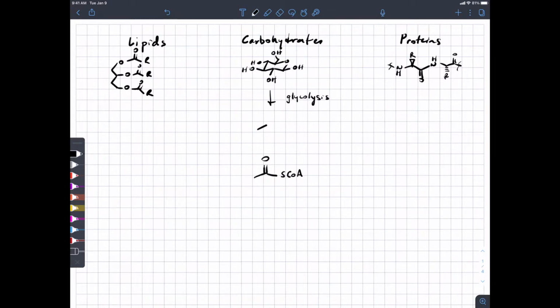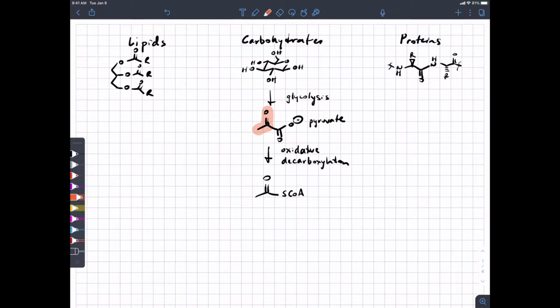Sorry, I guess we could say glycolysis ends in the molecule pyruvate, which nature then converts through something called an oxidative decarboxylation to generate a thioester. And these two carbons that were in pyruvate end up in acetyl-CoA.